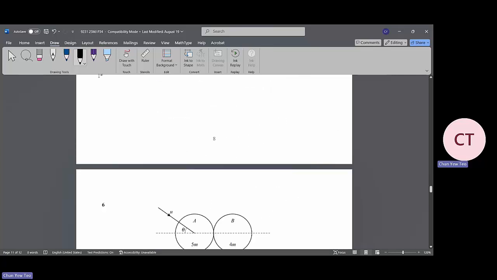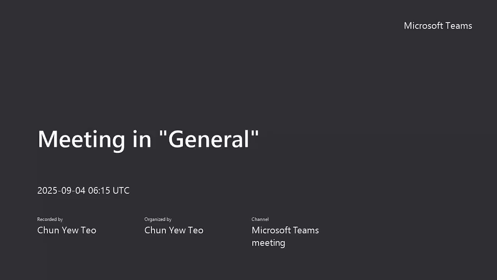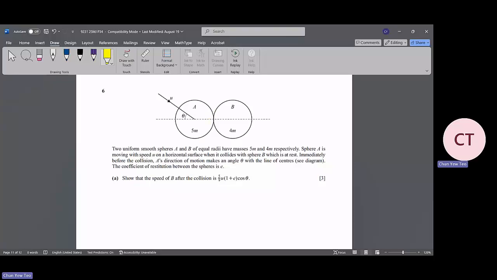Now we move on to number 6. We have a diagram over here showing two uniform smooth spheres A and B of equal radii, with masses of 5m and 4m respectively.